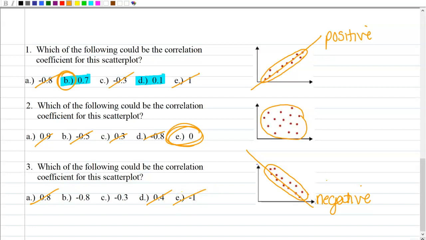Now we have -0.3 and -0.8. -0.3 is closer to 0. -0.8 is closer to 1. So when I look at the lasso that I drew around my points, am I closer to a circle or an oval? I'm definitely closer to an oval here, so I'm going to choose -0.8.